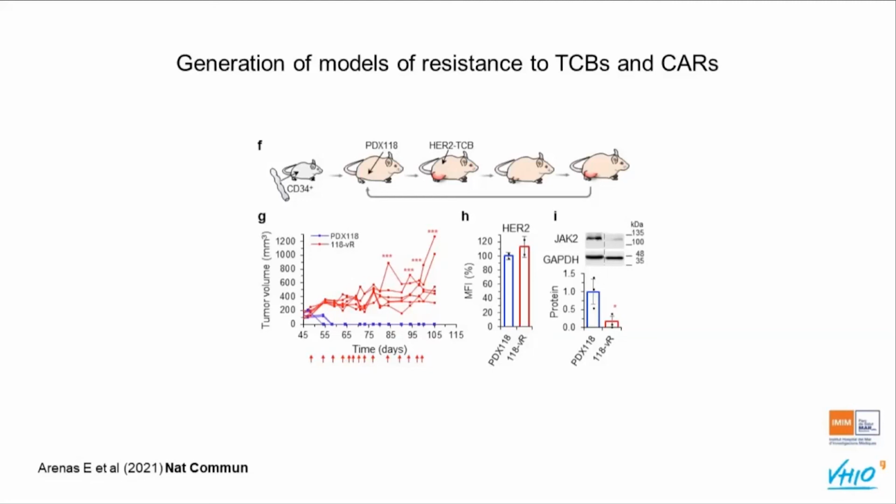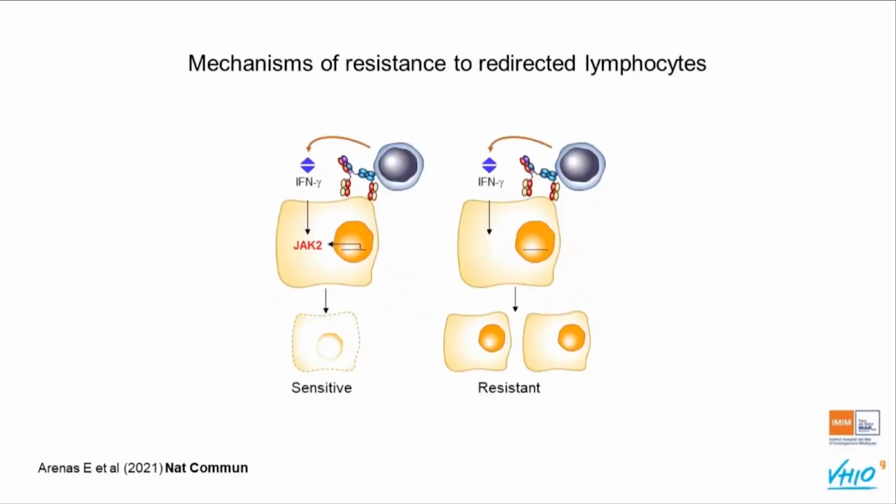As I said, for the sake of time, I will not go into the details, but basically, this is the mechanism of resistance that we described in these models of resistance to HER2.